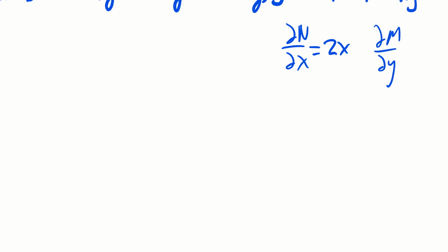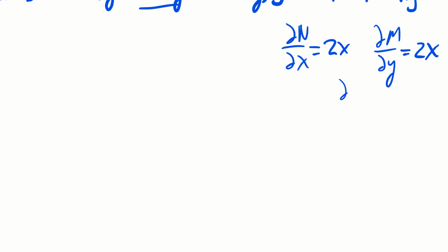So here, if I wanted to calculate the partial of N with respect to x, that would give us 2x. If I calculate the partial of M with respect to y, the partial of 2xy with respect to y is going to be 2x.